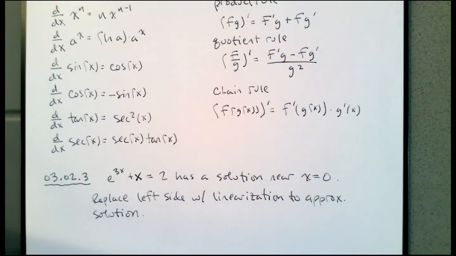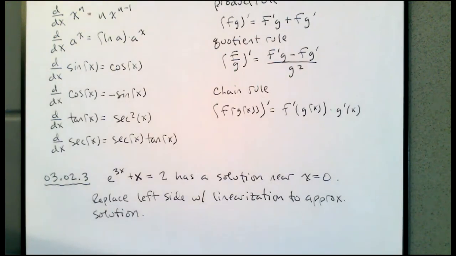So we do the next best thing and find an approximation of the solution. The instructions tell us exactly what to do. Replace the left side with a linearization to approximate the solution. So what we're going to do is find the tangent line approximation to e to the 3x and use that to solve the equation.